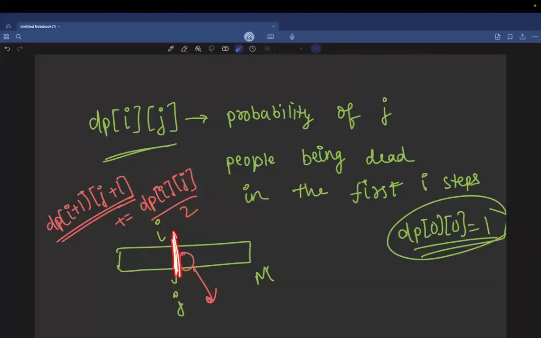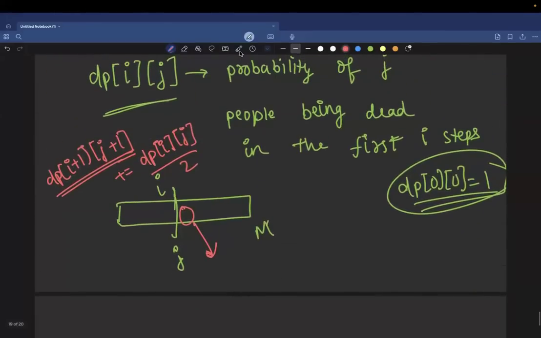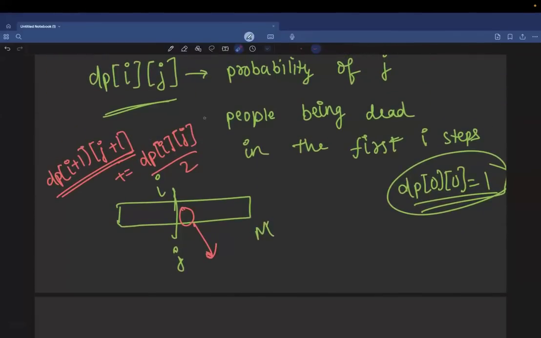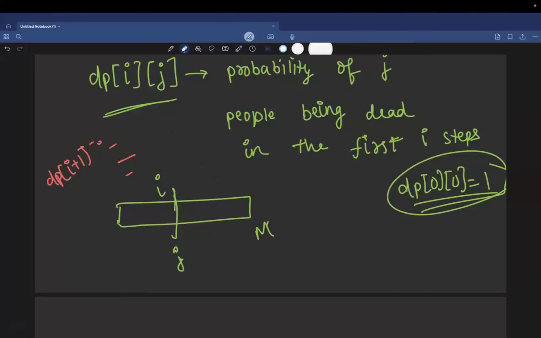So the probability that j plus 1 people will die in the i plus 1 steps should be nothing but, or maybe I think I can change the way of telling you about the state. Okay, let's do it again.